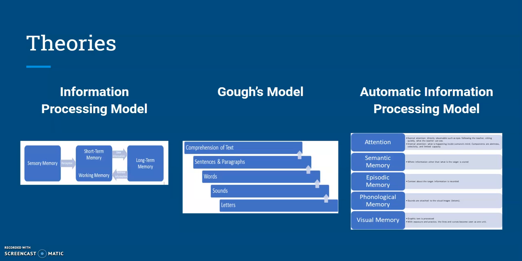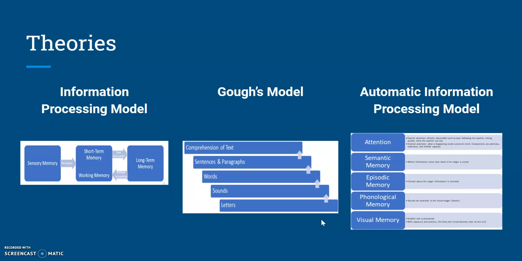In the information processing model by Atkinson and Shiffrin, it gives the process of the way memory works. In this model, information moves through stages to reach memory and be retrieved at the right time. Gough's model suggests that cognitive processing goes from lower order to higher order thinking in a linear fashion.